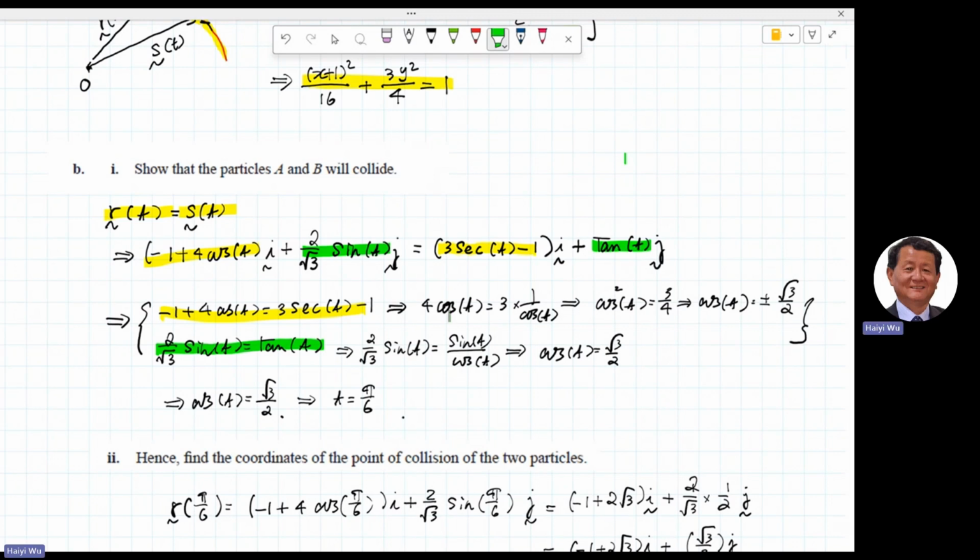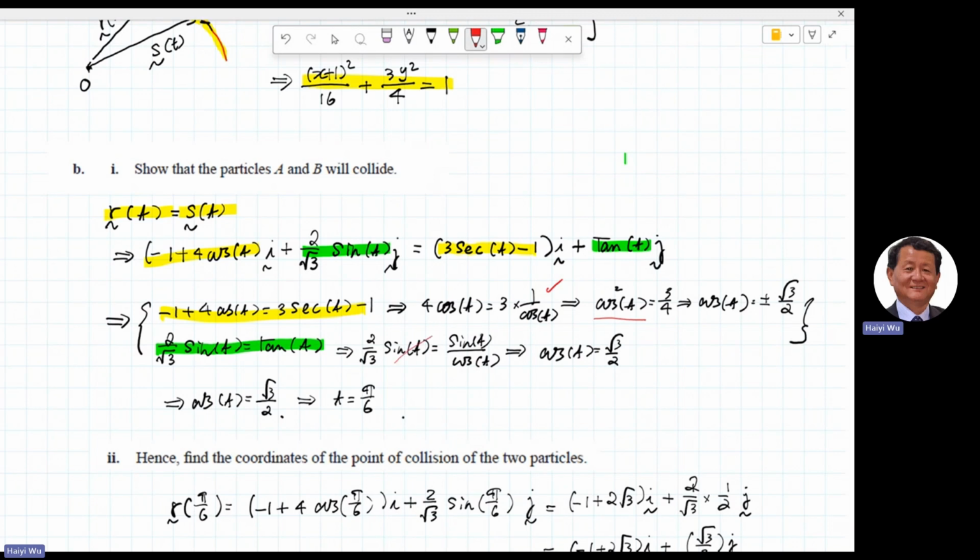Now we solve the first equation. Secant is 1 over cosine, so cosine squared is 3 over 4. So cosine could be positive or negative square root 3 divided by 2. If I solve with the second one, you can see tan changes to sine over cosine.